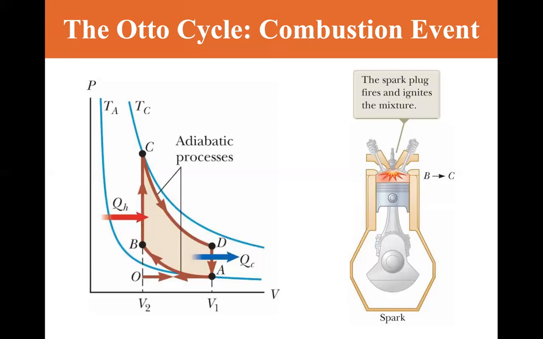And that's the B to C. So you can see that in this little short time, the volume hasn't changed, but the temperature has increased. That's the B to C. That's the spark. The temperature increases and ignites the gas, raising the temperature. That's the B to C portion of this PV diagram.